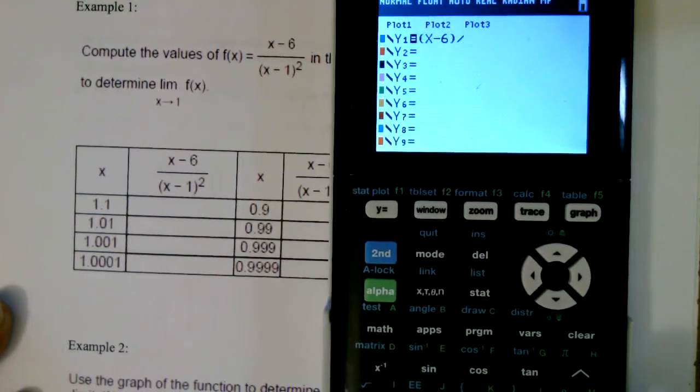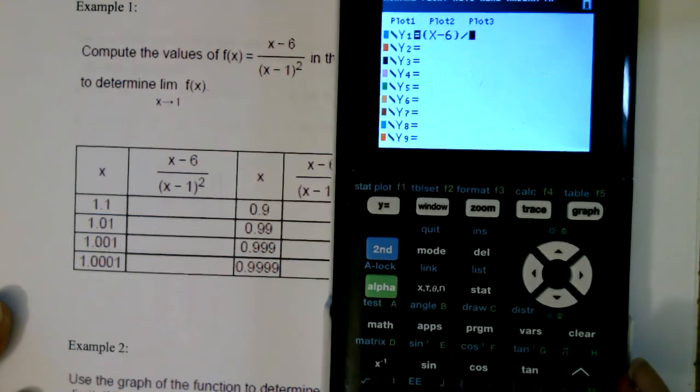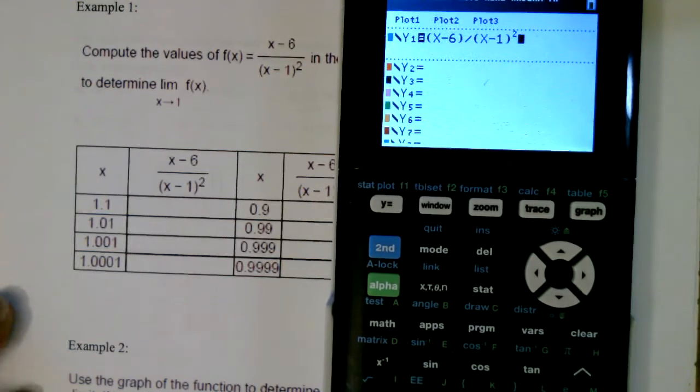That's going to be divided by the denominator, where that x minus 1 quantity squared needs to be in parentheses. So it'll be left parenthesis, x minus 1, close parenthesis, and then hit x squared to square it. So that's the equation in Y1.